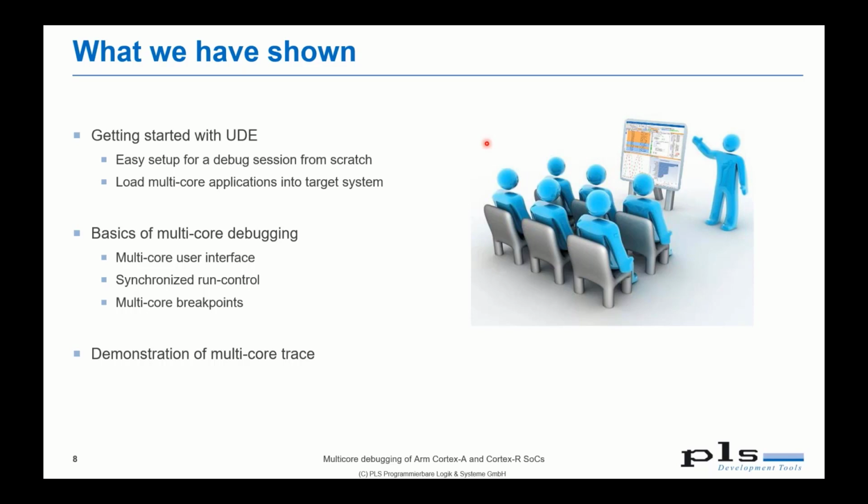We have downloaded a complex target application consisting of three different compiler outputs. And we have seen that we have configured trace and then a more complex trace configuration very quickly. So you can go ahead very quickly with our tools.